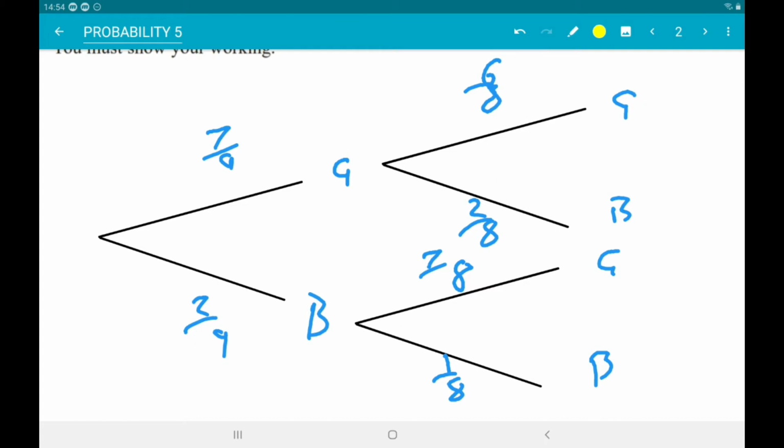Alright, so now we want the probability she takes 1 of each colour. So let's find the paths we are interested in. We want either green and then blue, or blue then green.